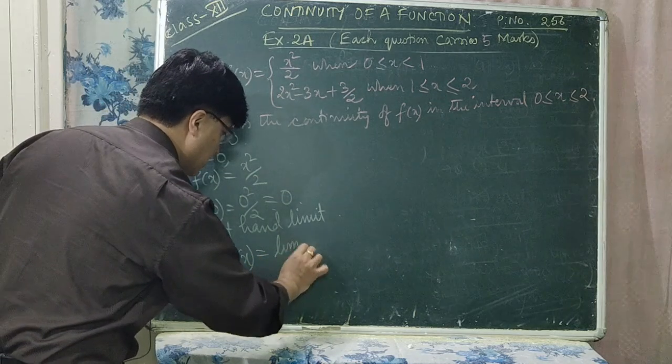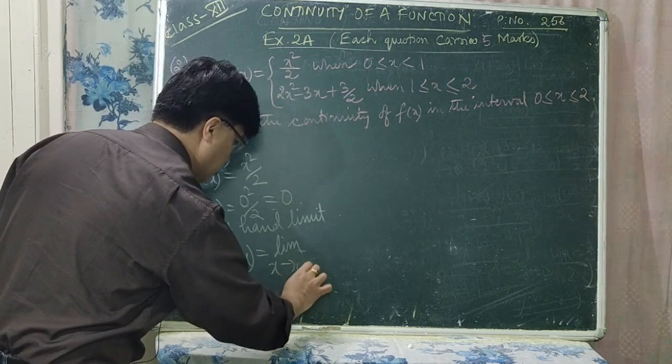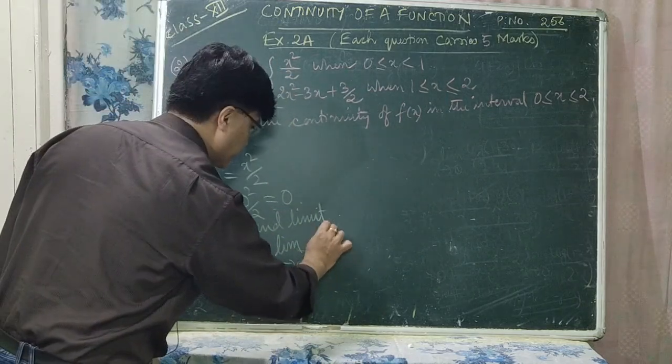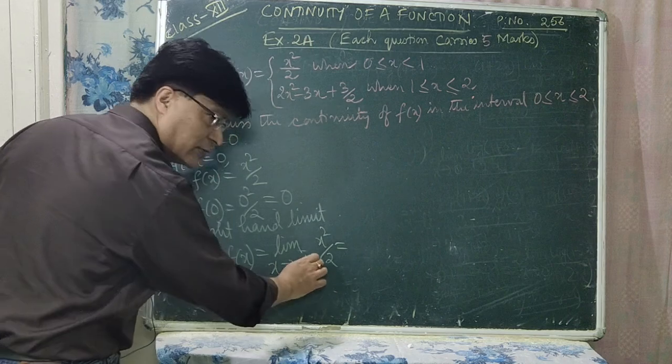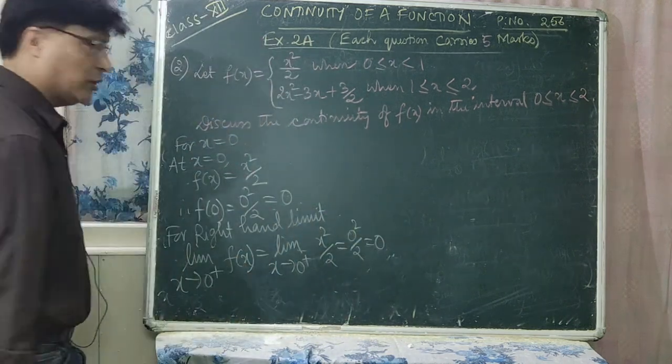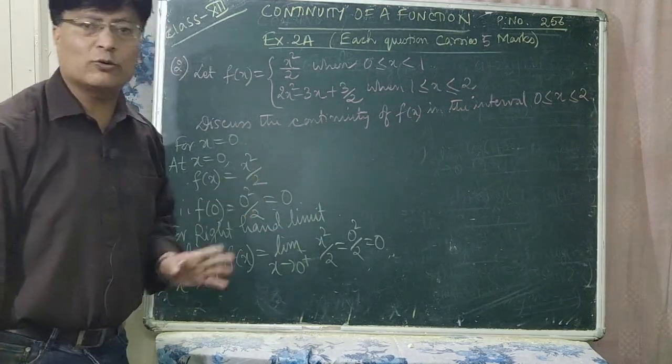So limit x tends to 0 plus, what is the value for f of x? It is x square by 2. So you can put x is equal to 0 out here. So 0 square by 2, which is equal to 0. So both these are equal out here.